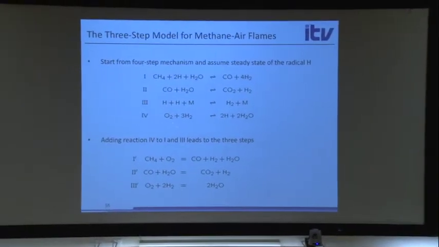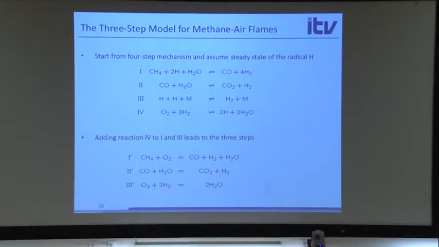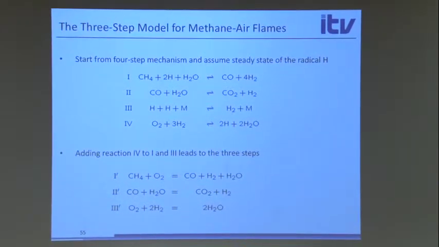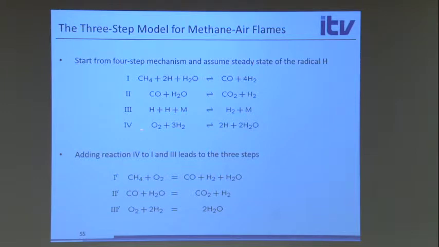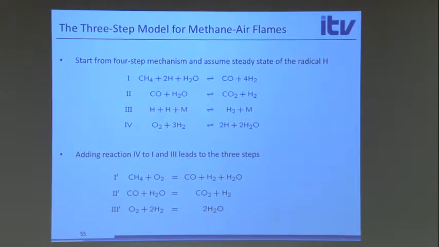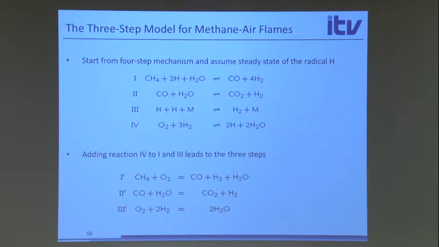So take this mechanism, and now we just add step 4 to step 1, and you see that the hydrogen radical goes away. We get CH4 plus O2 goes to CO plus H2 plus H2O. So that's the fuel consumption that converts the fuel to hydrogen and CO. And then we add reaction 4 to reaction 3, and again the hydrogen radical goes away, and we get O2 plus 2H2 goes to 2H2O.